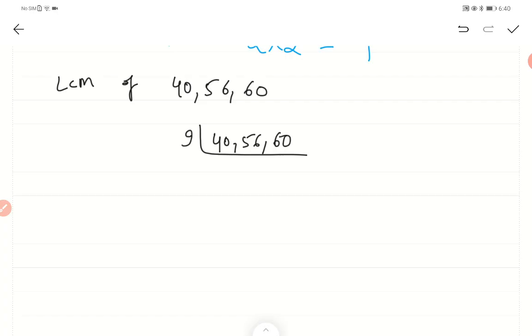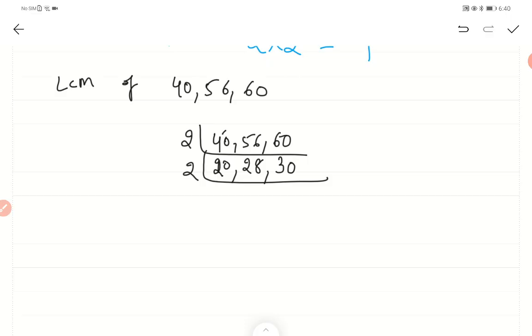You will go by the least factor, that is 2. 2 2's are 4, 2 20's are 40, 2 8's are 16, 2 3's are 6. Just dividing the numbers.